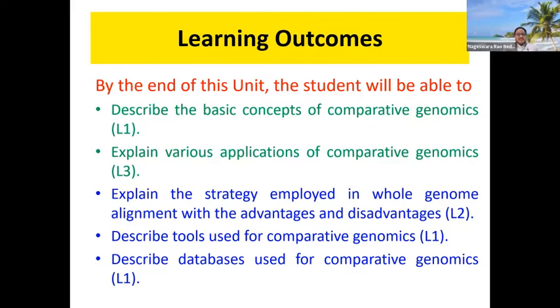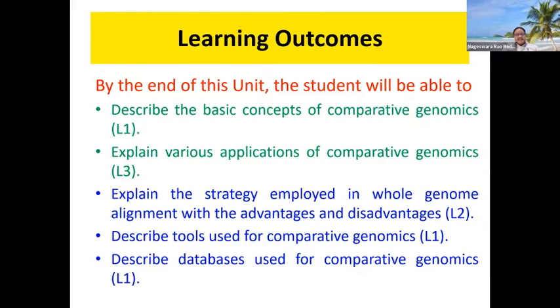Now, we want to compare genomes. We said there are concepts for comparison and there are some applications. So how do you do this comparing of genomes, and how is it possible? A very simple strategy is aligning genomes, or aligning multiple genomes.